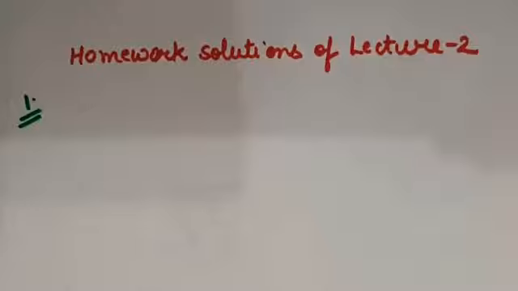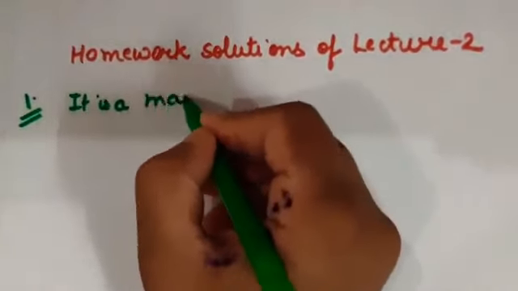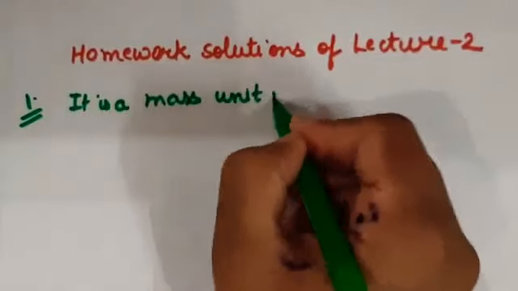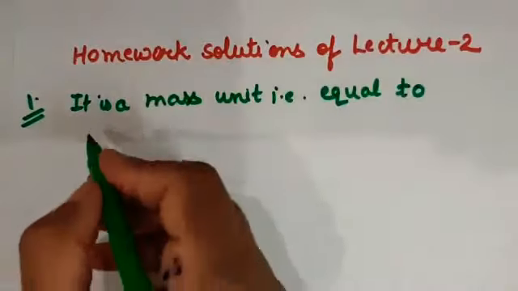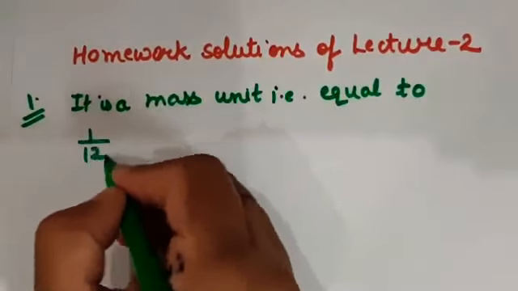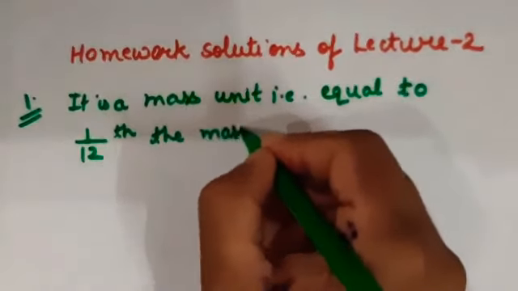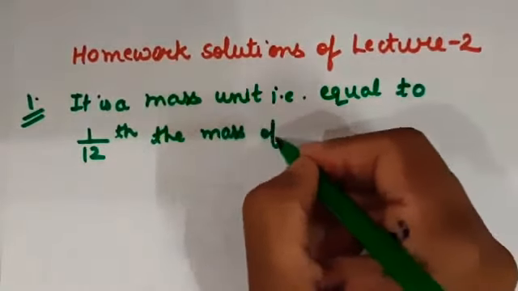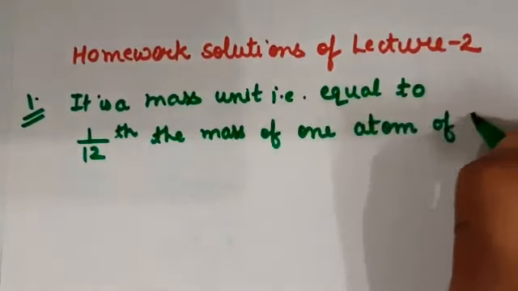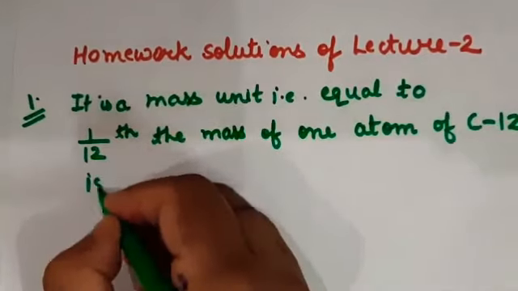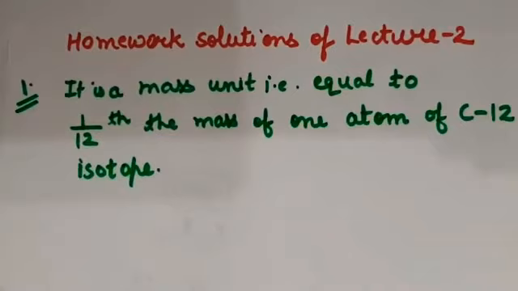It is a mass unit which is equal to 1/12 the mass of one atom of carbon-12 isotope. This is the definition of atomic mass unit.